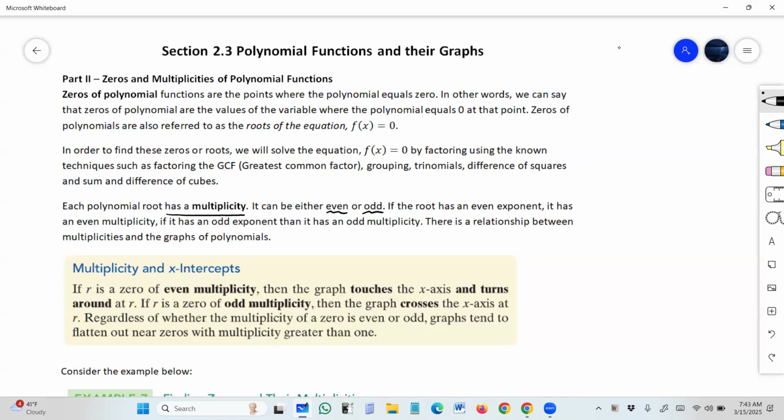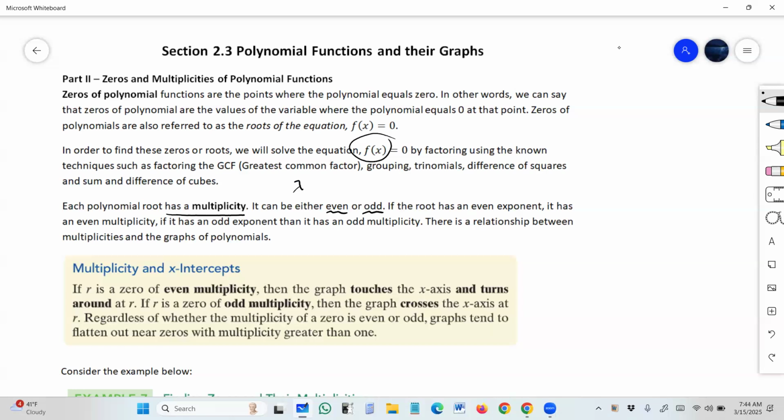So if we find a root, or once we factor, our goal is to eventually factor the polynomial so that we have the individual factors being multiplied together equal to zero. And each factor is going to have an exponent attached to it.